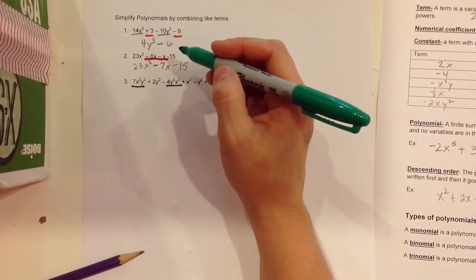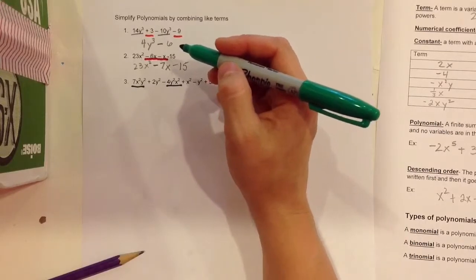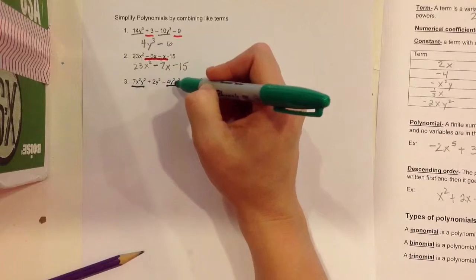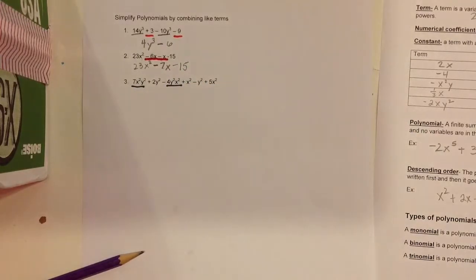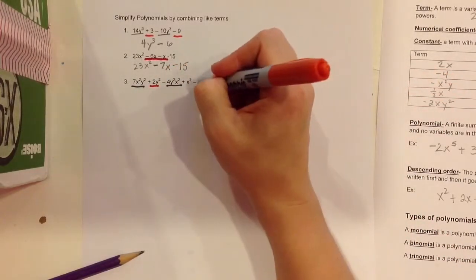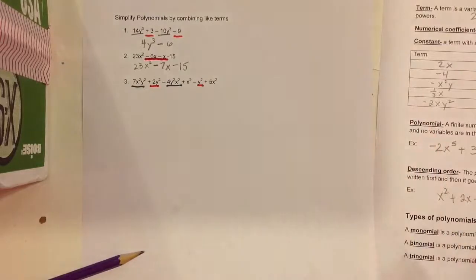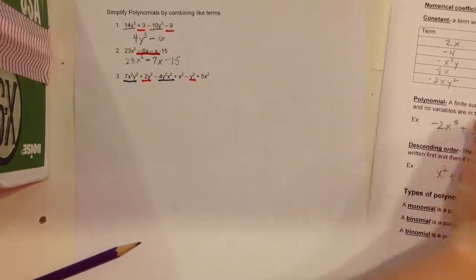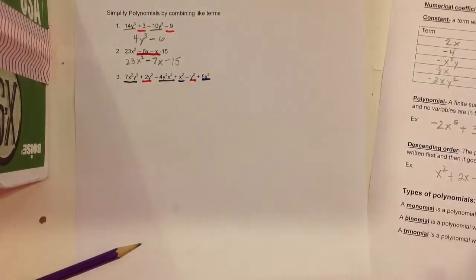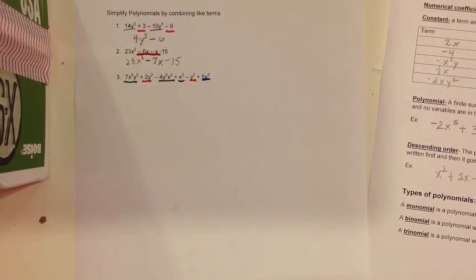I have the y squared first, but remember, order doesn't matter, so you're only looking to make sure you have an x squared and a y squared. It doesn't matter which one comes first. Here I have a y squared. I also have a y squared there, so those are going to be like terms also. And then last, my x squares. I have 2x squared. So I'm going to have like terms with everything.